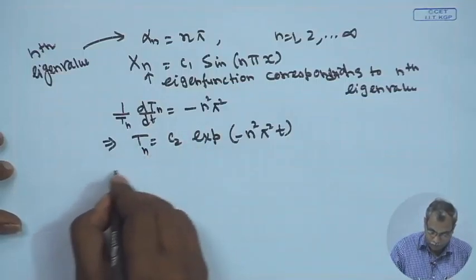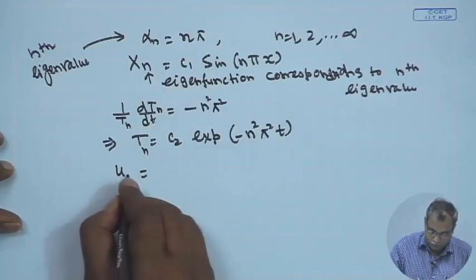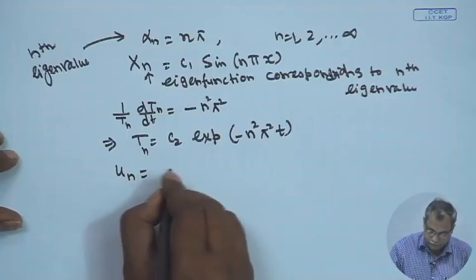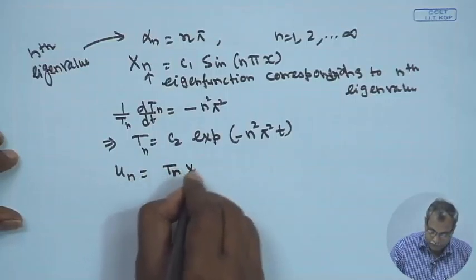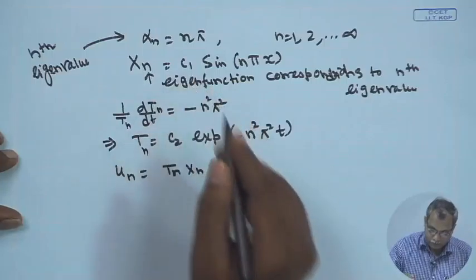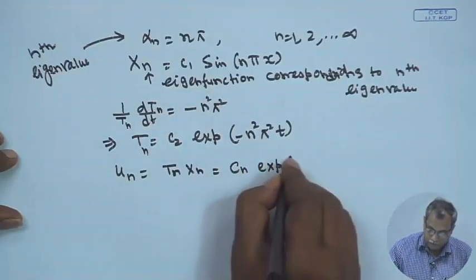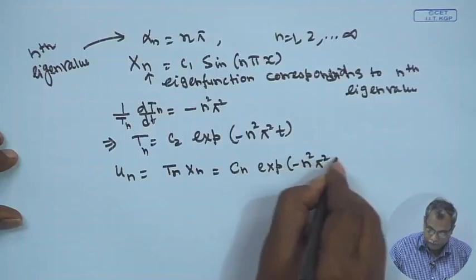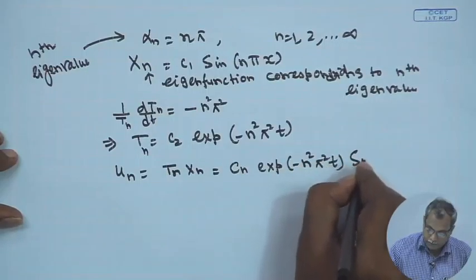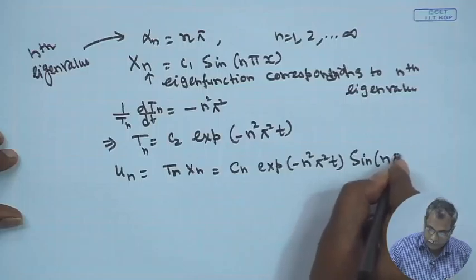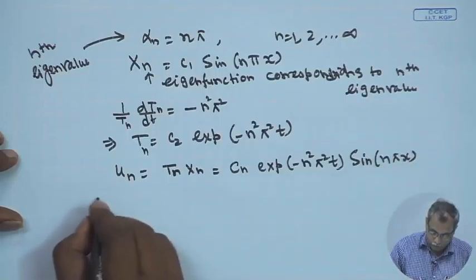So, u n corresponding to the nth eigenvalue is T n X n, and c1 and c2 will be multiplied, giving a new constant Cn, exponential minus n square pi square t sine n pi x.